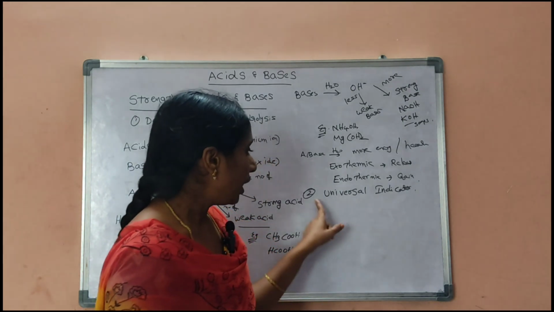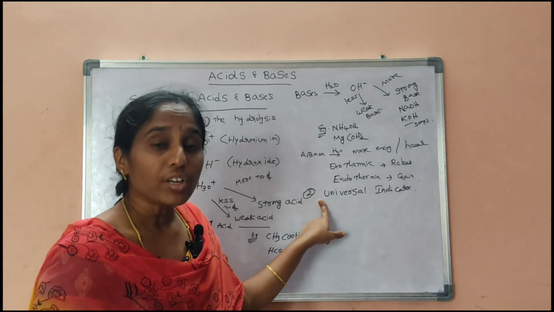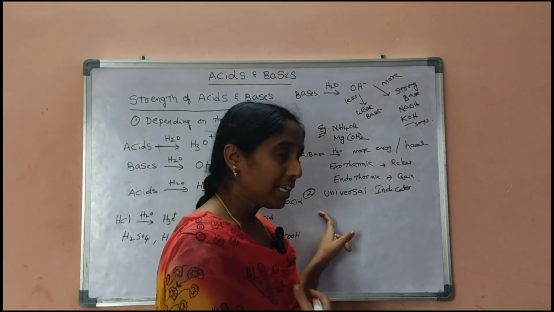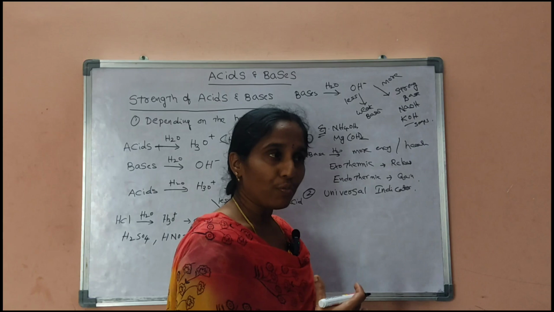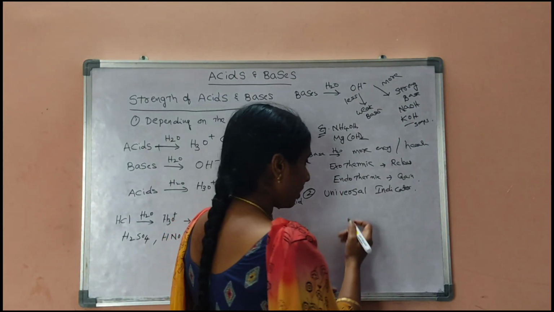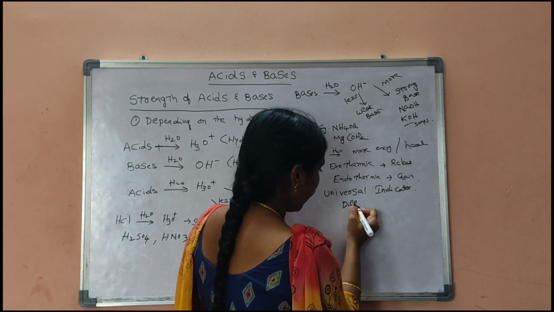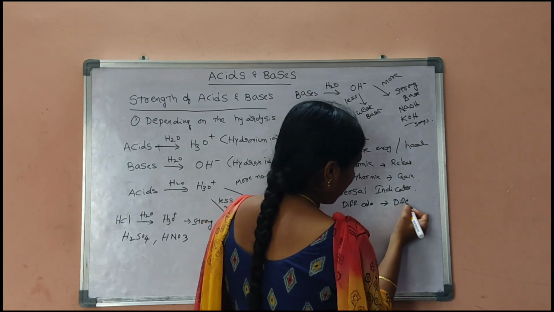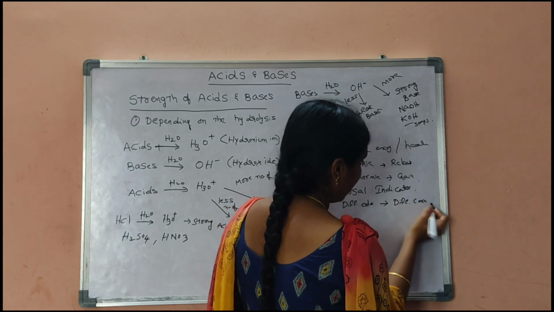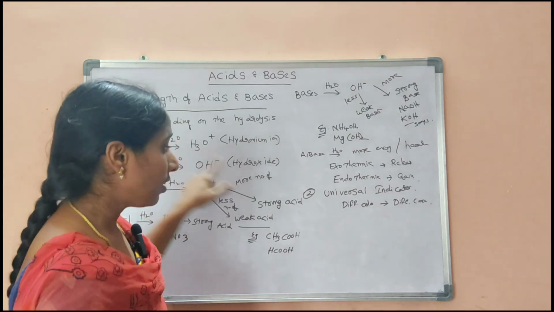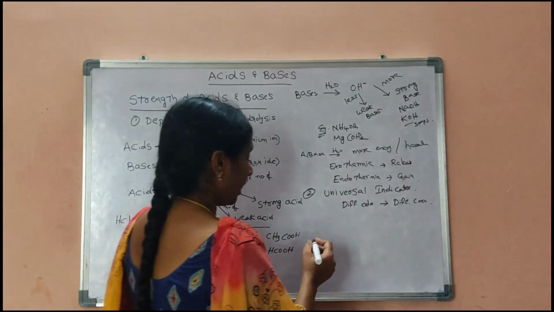Why is it used? To know the strength of acid and base. Okay? This is the second method. First method is hydrolysis. Second one is universal indicator.